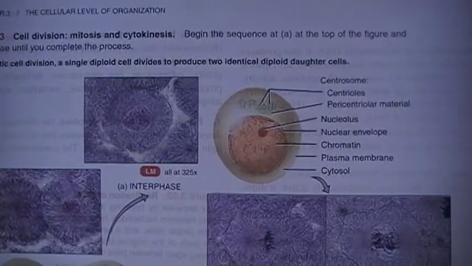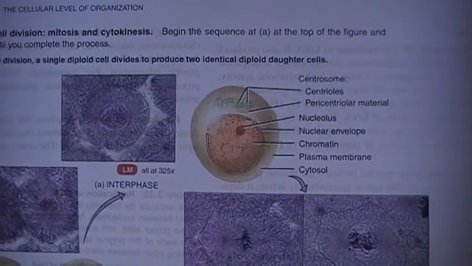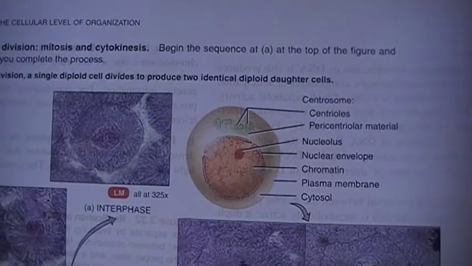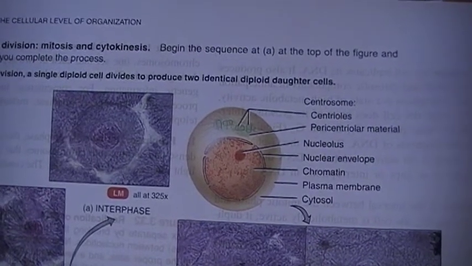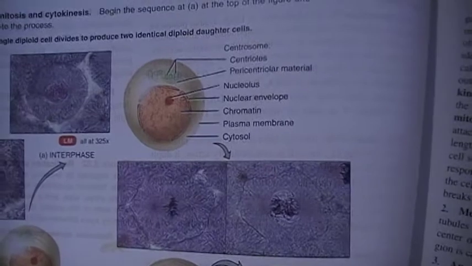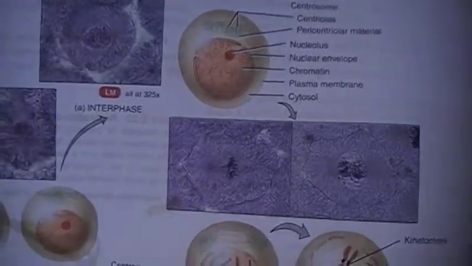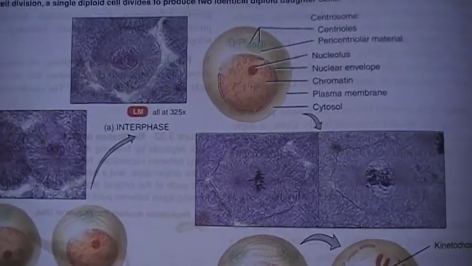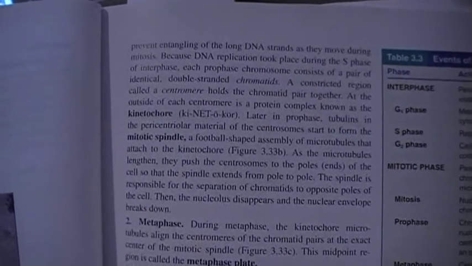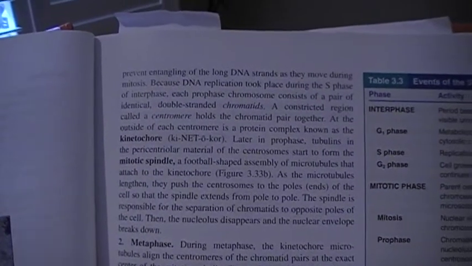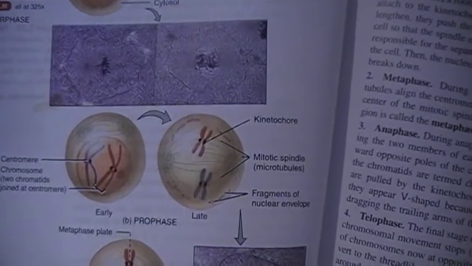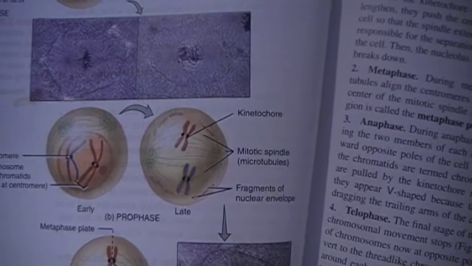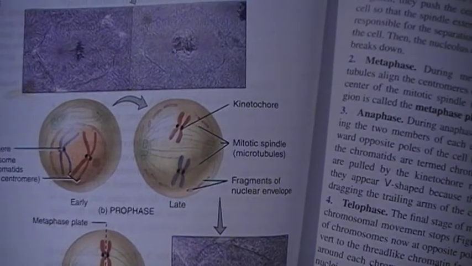This is somatic cell division, where a single diploid cell divides to produce two identical diploid daughter cells. Go from interphase to prophase, early and late.